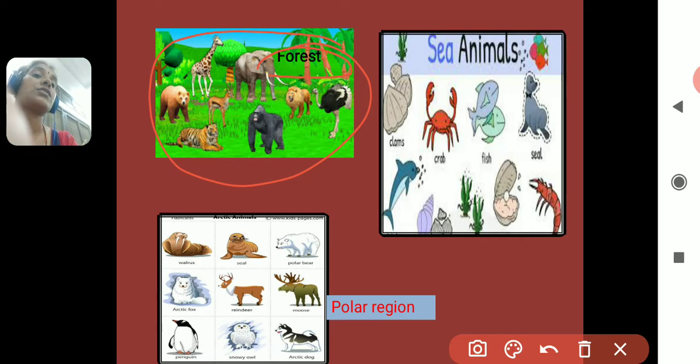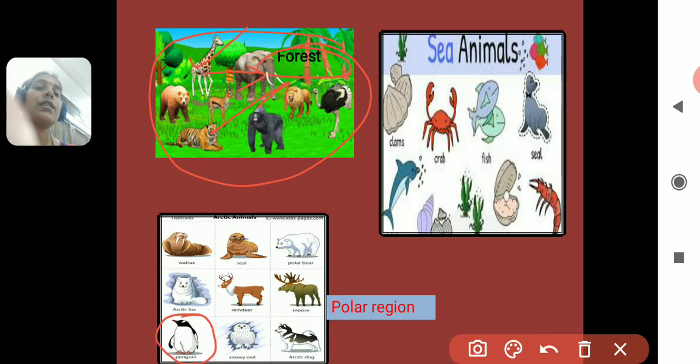If someone asks you what is the habitat of the giraffe, what will you reply? Forest. If someone asks what is the habitat of the tiger, what will you reply? Forest. So these animals have their home, and where is their home? Forest.